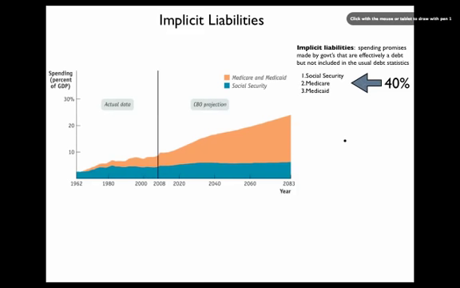The problem we have is twofold. Not only are they a huge percent of our spending, but look at what happens here over time, and this is a 2008 estimate. We have an aging population that's going to consume more and more in Medicaid and Medicare in terms of percentage of our overall GDP. And this is a system where we pay into it today in order to be able to pay out of it later.